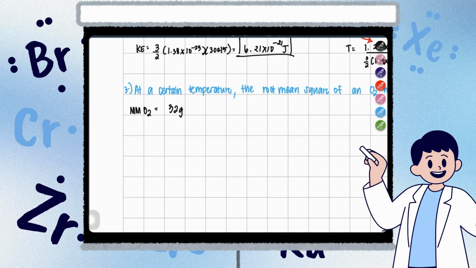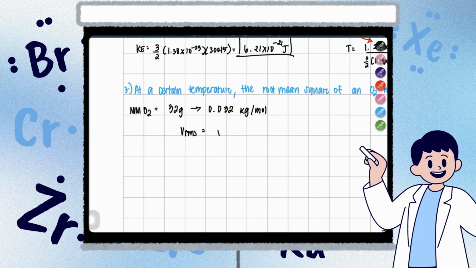And for our VRMS formula, we use kilograms in our mass. So we have to convert it into kilograms. We just have to move it 3 decimal places to the left. So kilograms per mole.